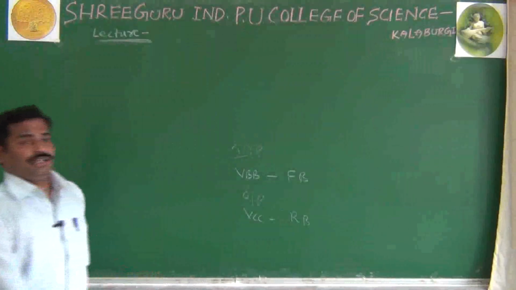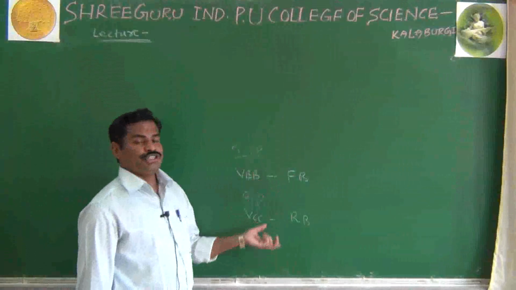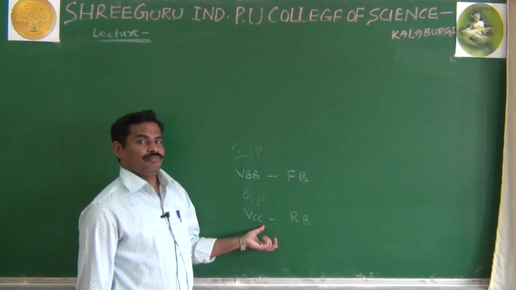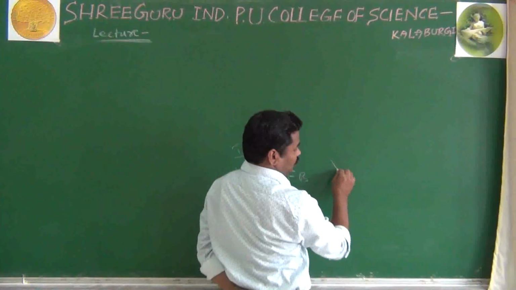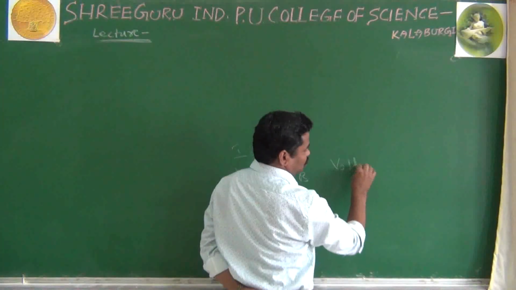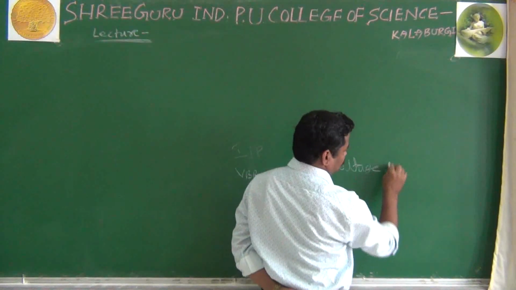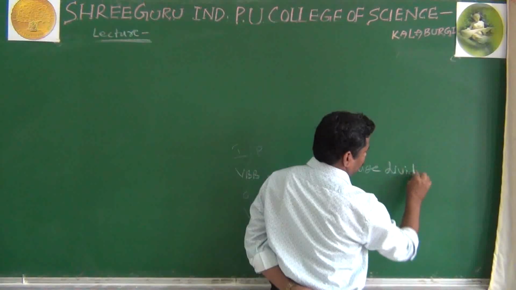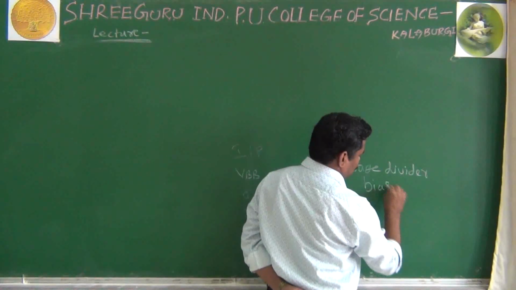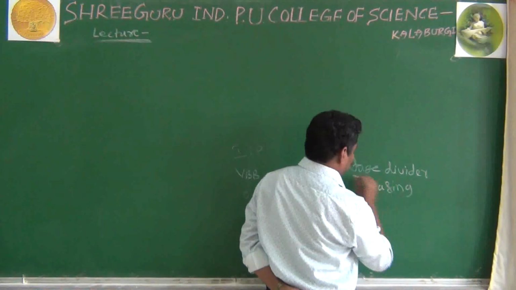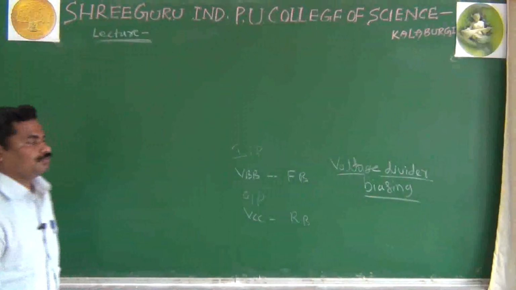But by using different types of biasing methods, for example voltage divider biasing, this is so important. It is also called universal biasing.